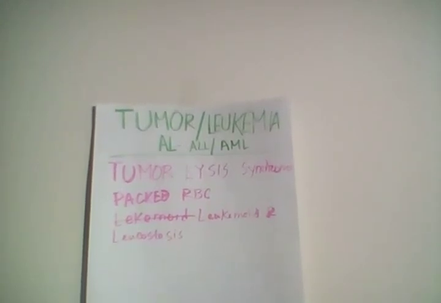If the patient has a high number of white blood cells but no symptoms, give hydroxyurea to decrease the cell count. Symptoms, do leukapheresis. No symptoms, give hydroxyurea. And definitely chemotherapy.